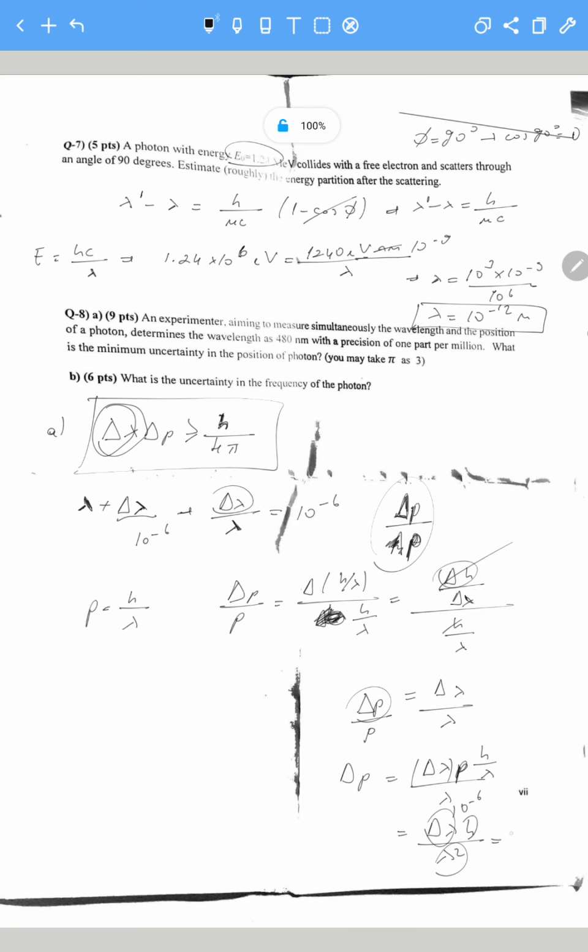I'm sorry, this factor. This is 10 to the minus 6, 1 in a million, and this is momentum. So we can just roll with that.